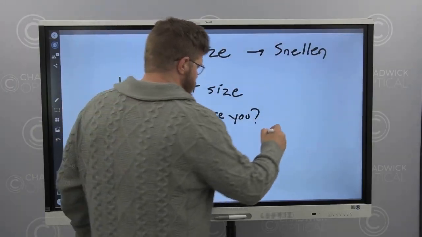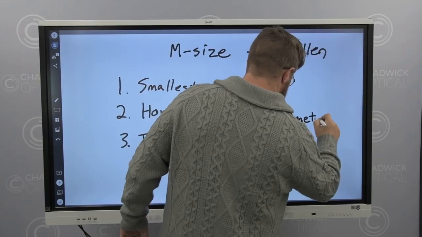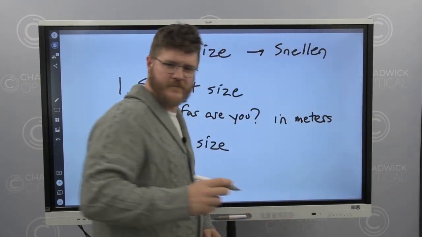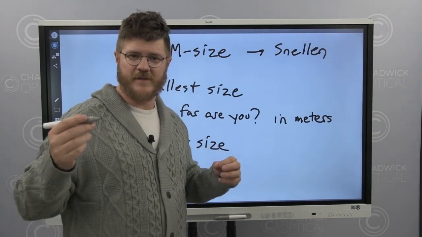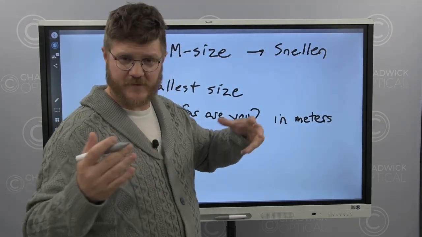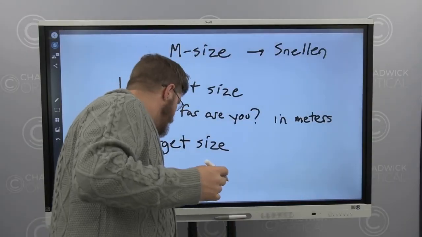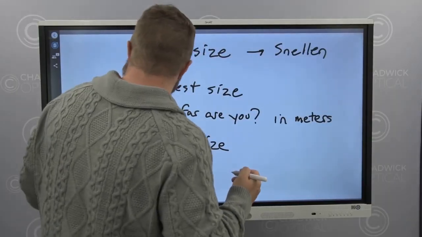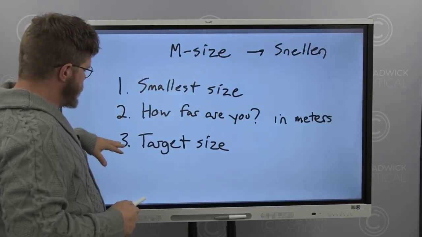We're going to measure that in meters, which is kind of annoying if you're in the US because converting to meters is a little bit tedious, but it'll help us later. Diopters are a function of meters as well. So once we figure out these three things: the smallest size you can read, how far you are in meters, and then your target size.